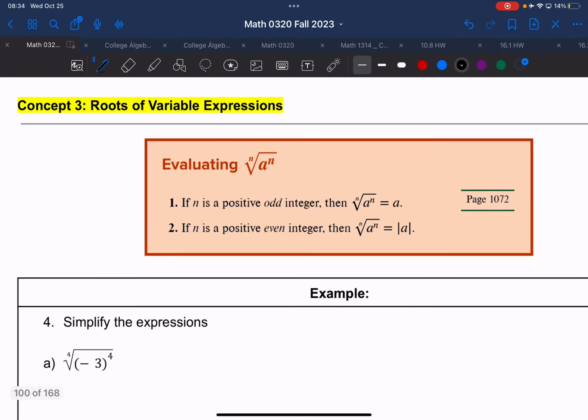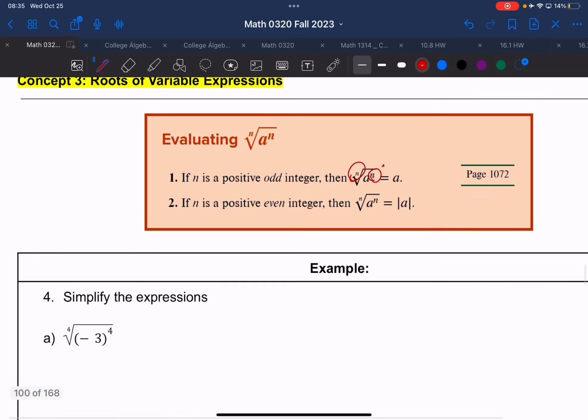Next concept here says if n is a positive odd integer, so an odd number, and it's talking about this nth root right here, if it's odd and it has the matching exponent that is also odd, these will cancel and you're left with the number inside.